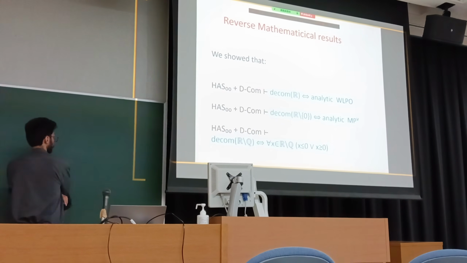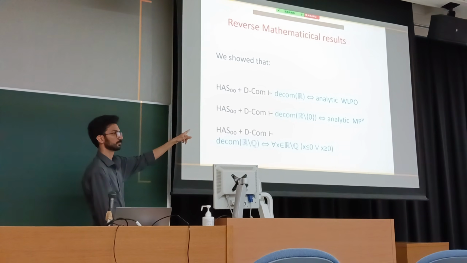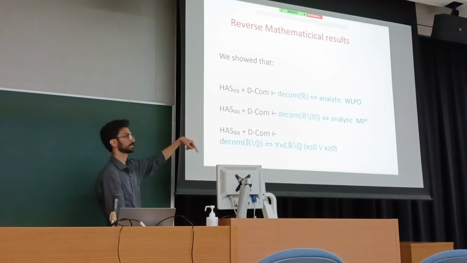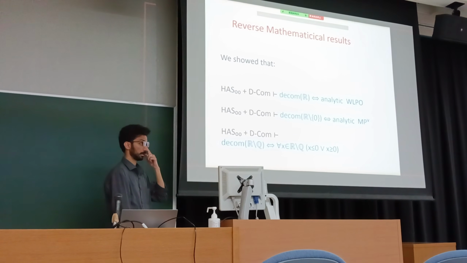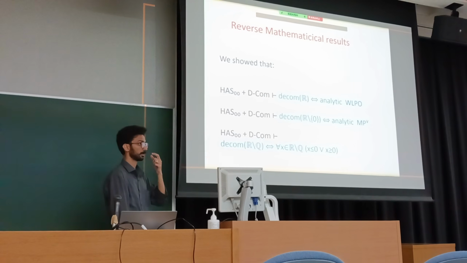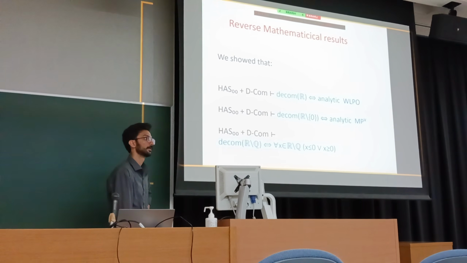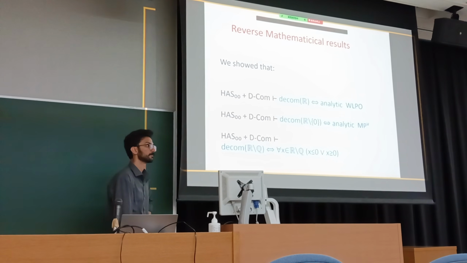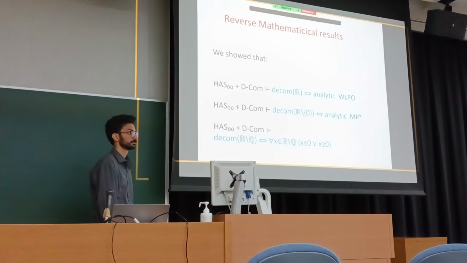Actually, for proving this equivalence, we first showed that the decomposability of R implies sequential WLPO. But my question is, if everything is provable in the system, then this theorem becomes nonsense, right? So I wonder, how can you show they are independent from your base theory?